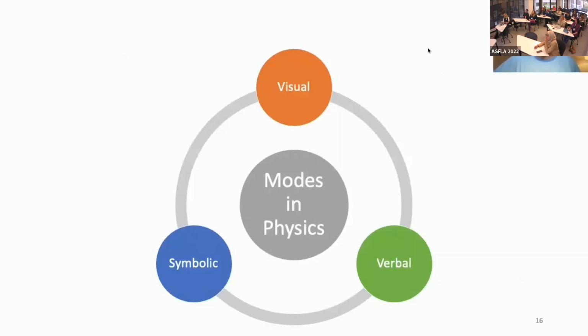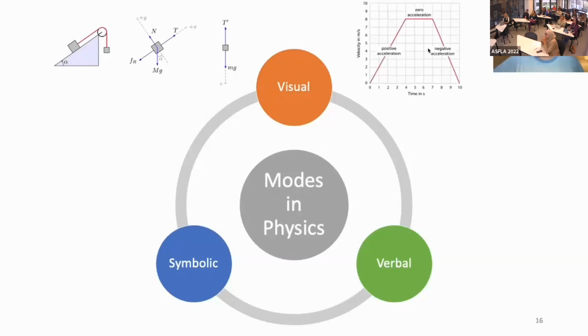For example, the free body diagram, which shows the forces applied on some objects, and also a graph which shows the relationship between velocity and time. The free body diagram is both qualitative and quantitative.